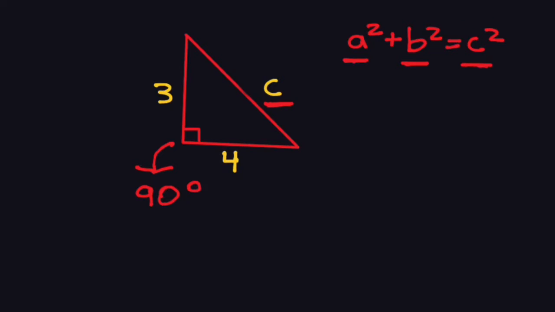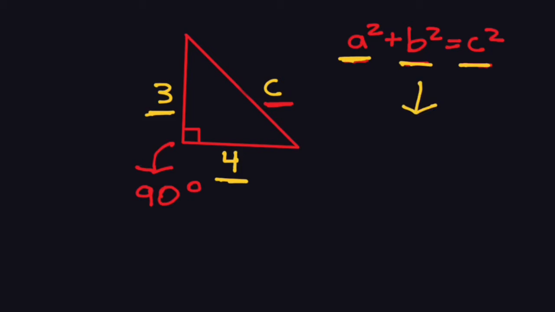Now, a and b are interchangeable. They can both represent one of these smaller sides. So a could represent 3 and b could represent the side measuring 4, or vice versa. It's just important to know that you're always going to have c as the hypotenuse of your triangle, or the longest side of your triangle.